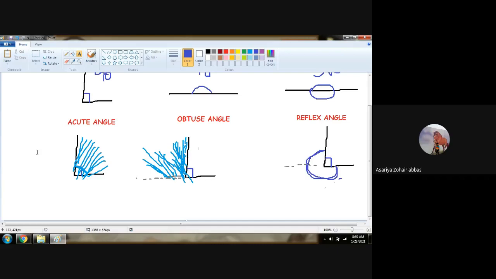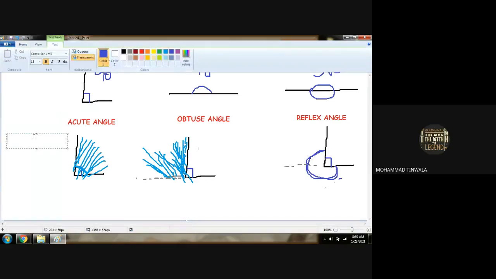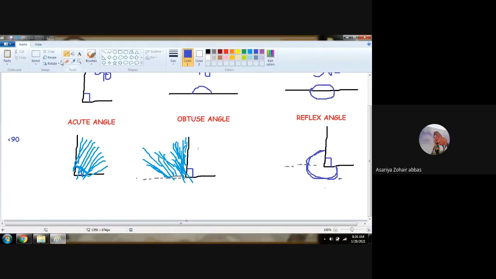So acute angle is what? We will write now. Acute angle is, we can say, less than 90-degree. Are you getting that? That is known as an acute angle. Acute angle is less than 90-degree. Am I right? What do you mean by obtuse angle?